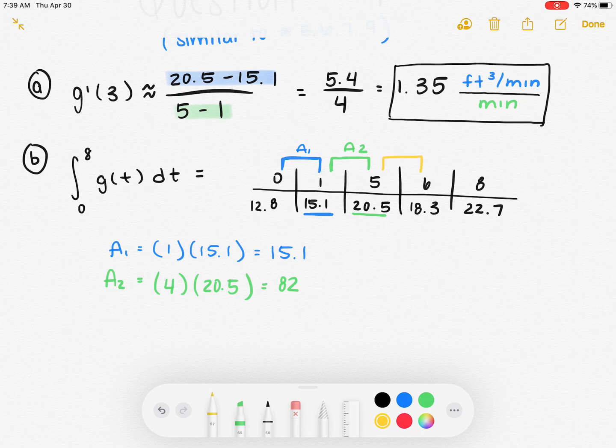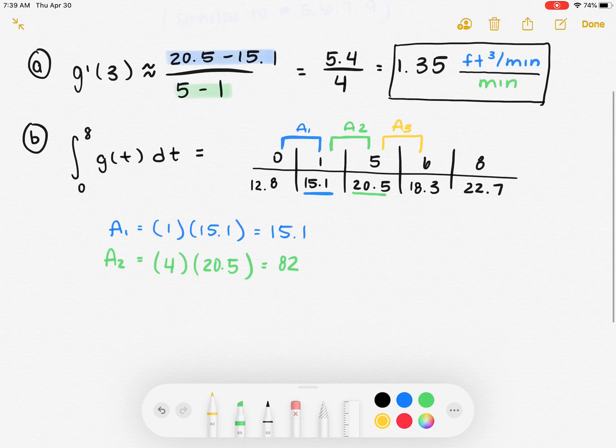Now my next area will go between 5 and 6, which gives me a base of 1, because 5 and 6 are 1 apart, and a height of 18.3, which gives me an area of 18.3.